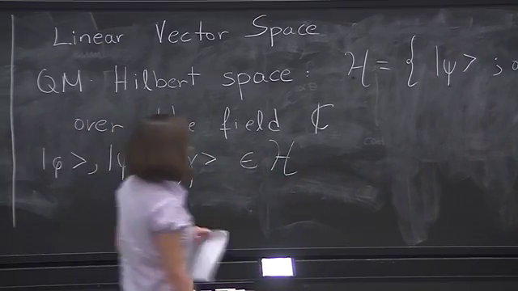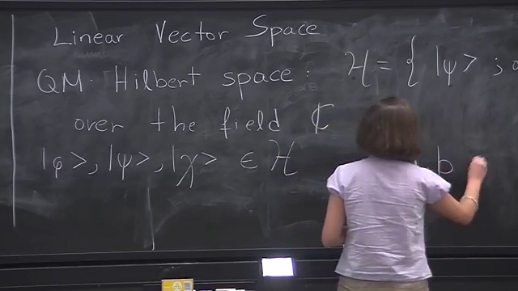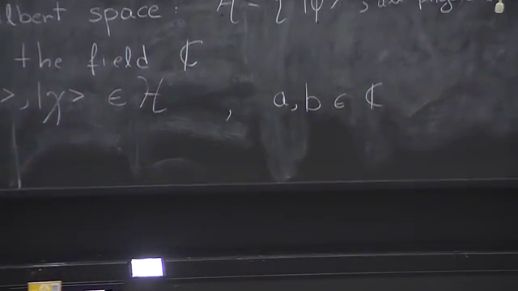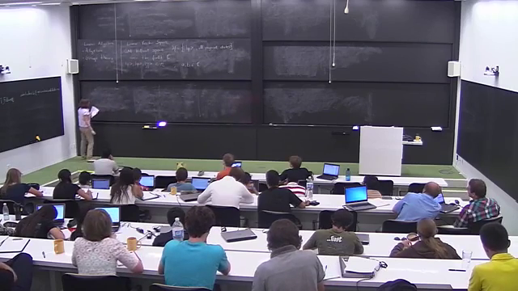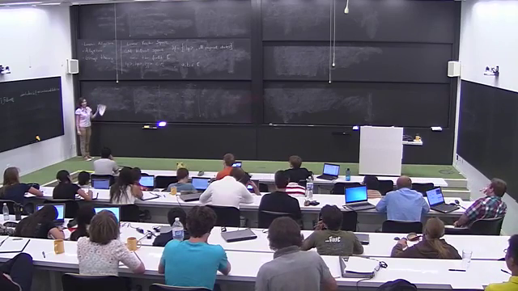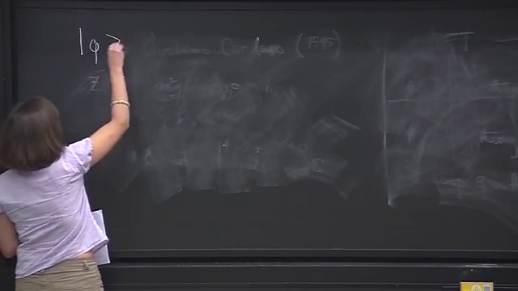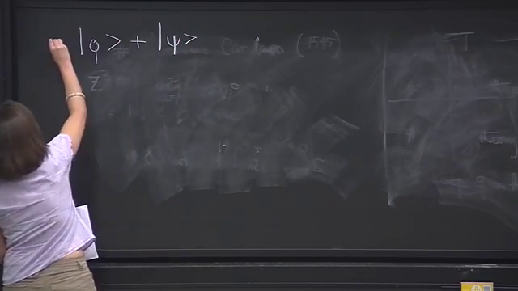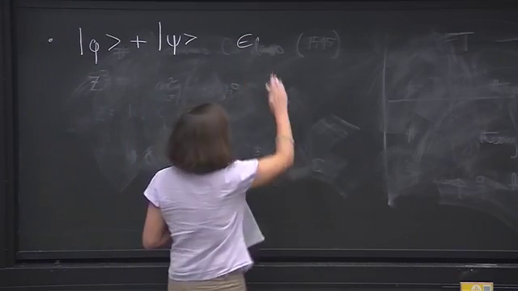And I will be also needing some complex numbers, let's say A and B are complex numbers. So it means that if, say, phi and psi are elements of H, then a combination of the two, phi plus psi, is also an element of this vector space.